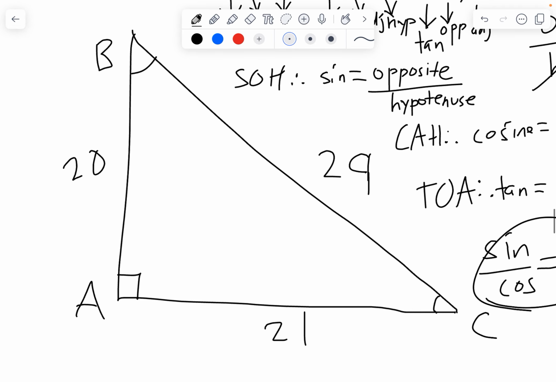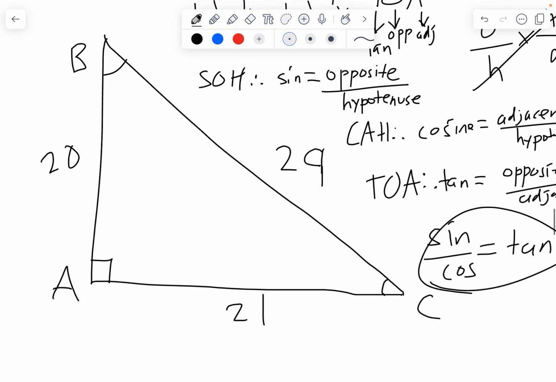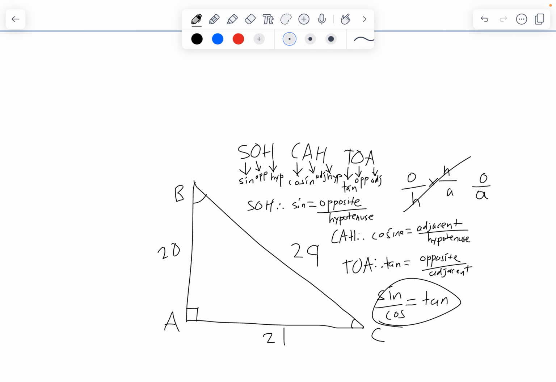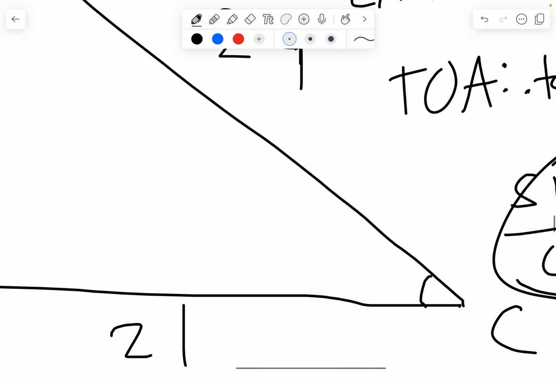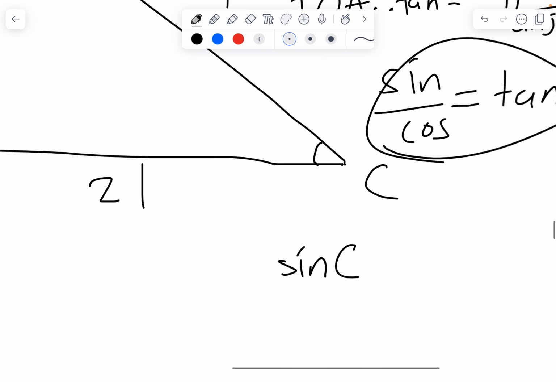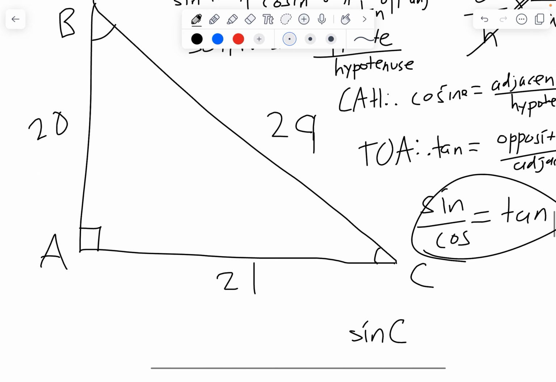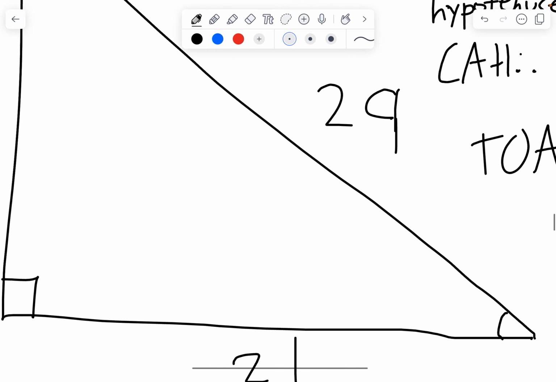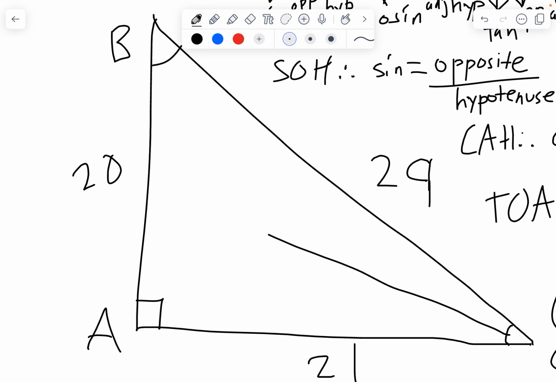Well, we can go about it a wide variety of ways, but let's do the simple way, and let's do sine. Sine is equal to opposite over hypotenuse. So we have C, and we're trying to find sine C. What's the opposite of C? Well, you look at the angle, and you just look at what's the opposite side.